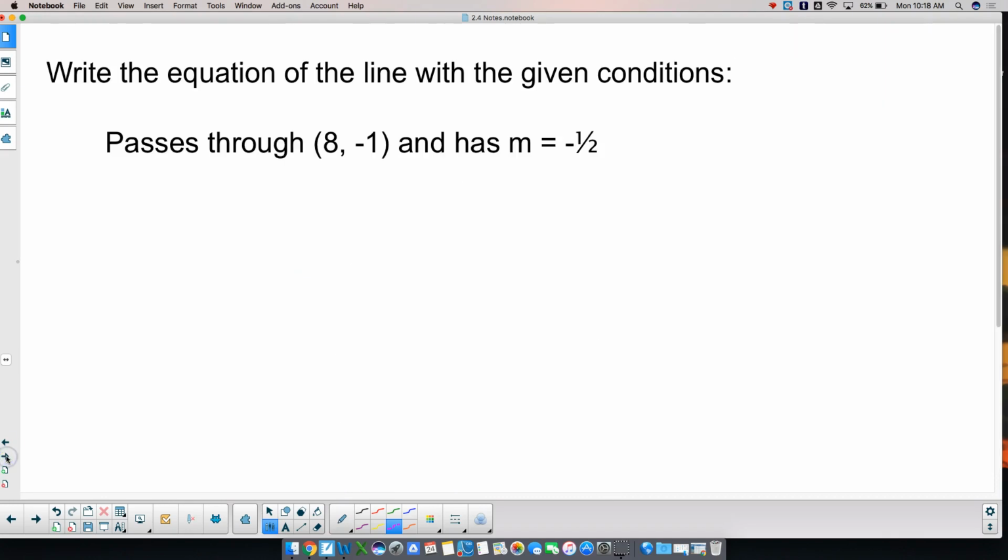What I would like you to do now is find me the equation of the line that passes through the point 8 comma negative 1 and has a slope of negative 1/2. So that's going to be y minus negative 1 is equal to negative 1/2 times x minus 8.